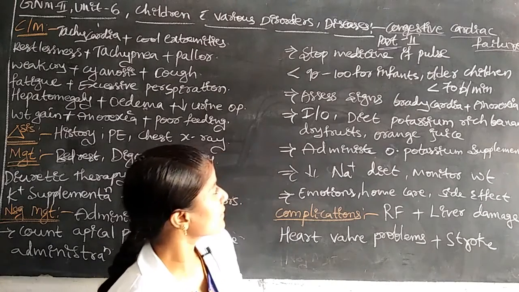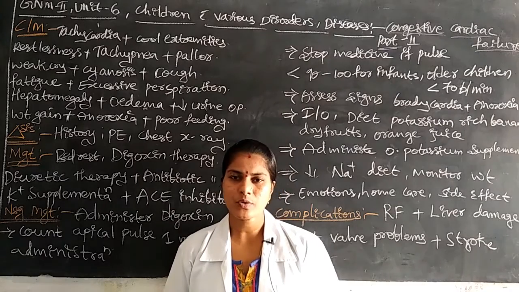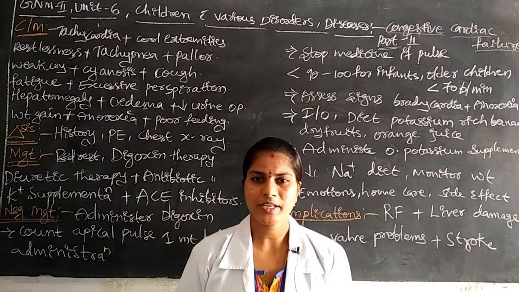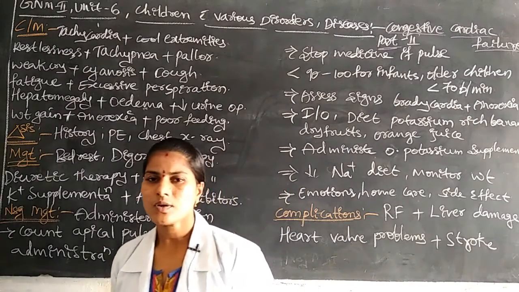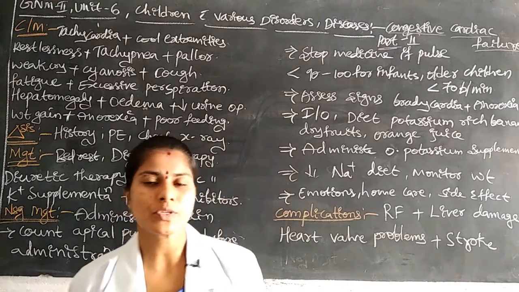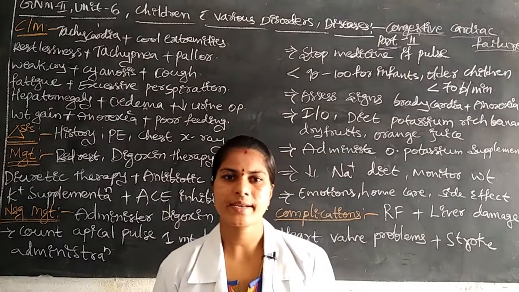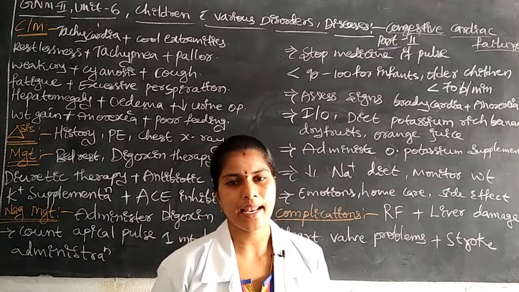Next is the diet. Regarding diet, as a nurse we have to give potassium supplementation to the children. Another step is that we have to provide a low sodium diet. In that, potassium-rich foods, for example bananas, some dry fruits or orange juice, we have to provide to the children for improving their health.